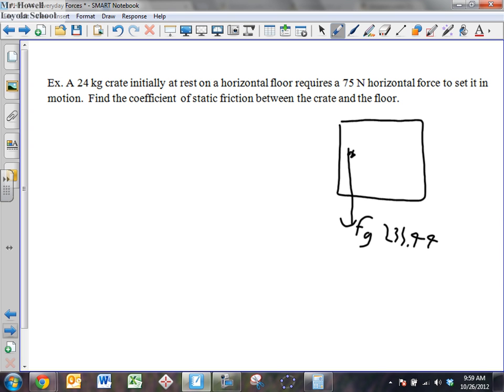I don't need the numbers, just the forces. Okay? Right above it, right above it. I mean, I can't write with this, so I don't know.